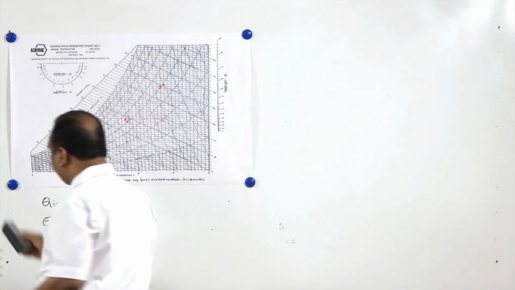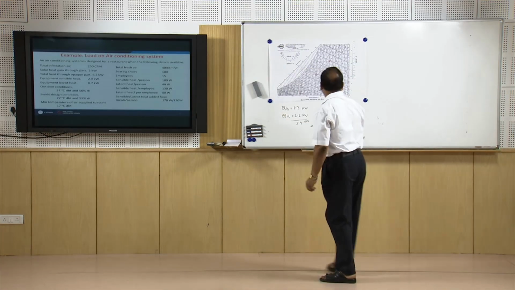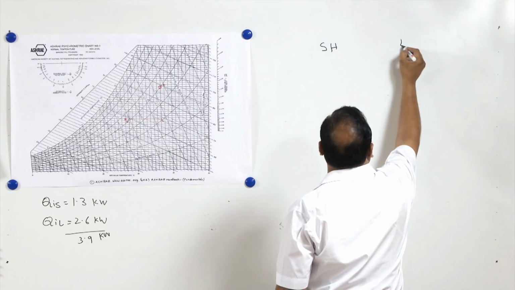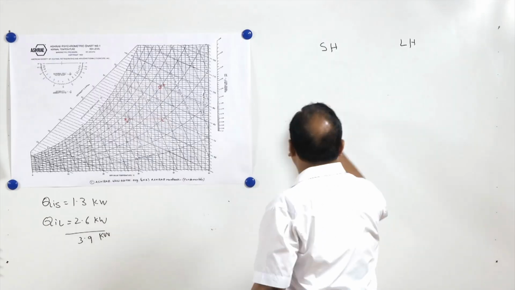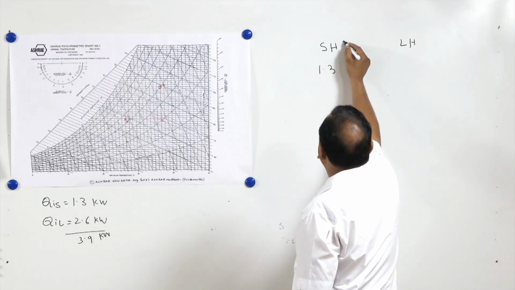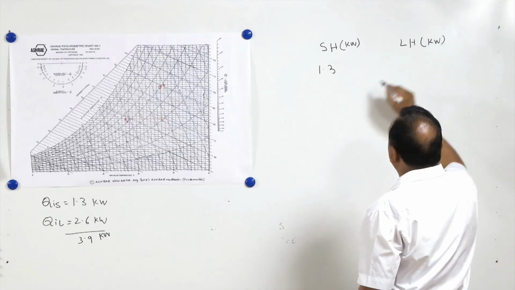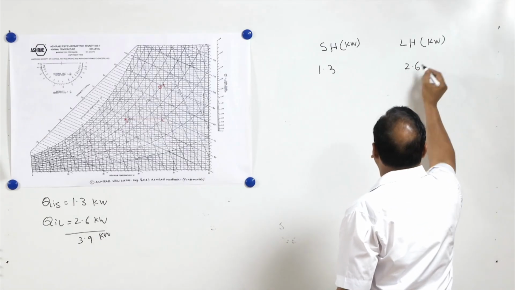So in order to make a table on sensible heat and latent heat, first of all infiltration: sensible heat, and this one is latent heat. Through infiltration the sensible heat is 1.3 kilowatt, this is in kilowatts, this is also in kilowatts, and latent heat is 2.6 kilowatt.